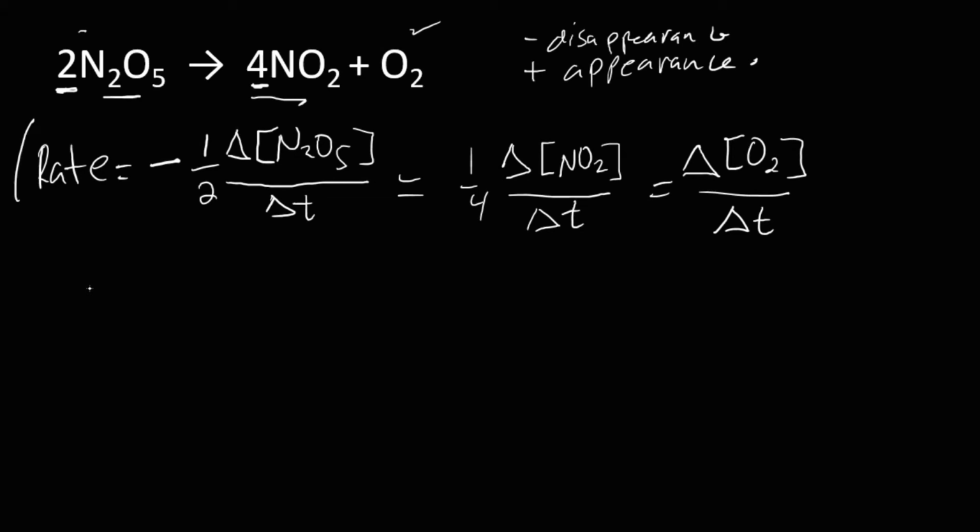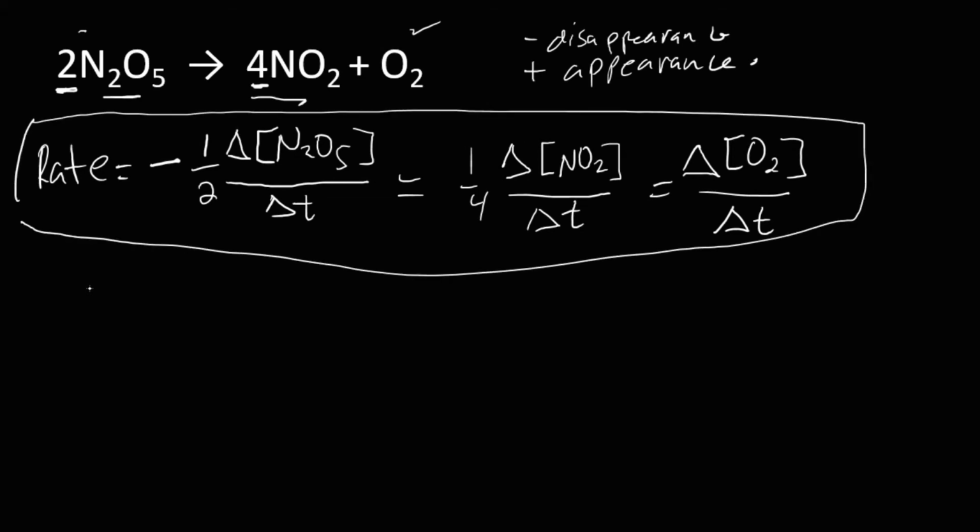This is our rate expression for the given balanced equation. Let's check. We have 1 over 2, the stoichiometric coefficient is 2, N2O5 over change in time, equals the product, 4 moles of NO2, so we have 1 over 4 NO2, and then 1 mole of oxygen.